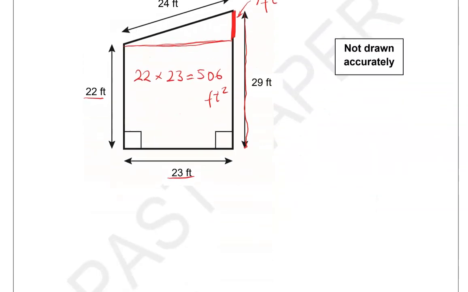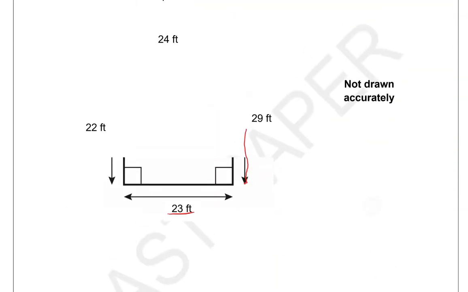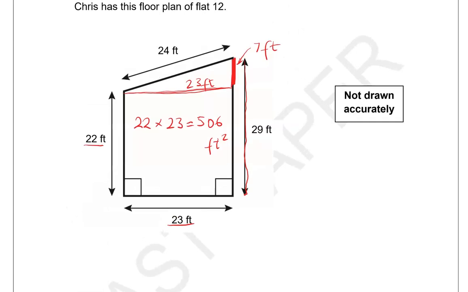So what we're going to do now is, again, multiplying the base by the height and dividing it by 2. So base 23 feet, as we said, height 7. So 23 times 7, I think we'll just do it here.